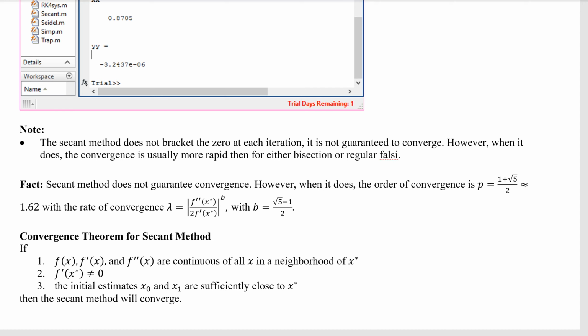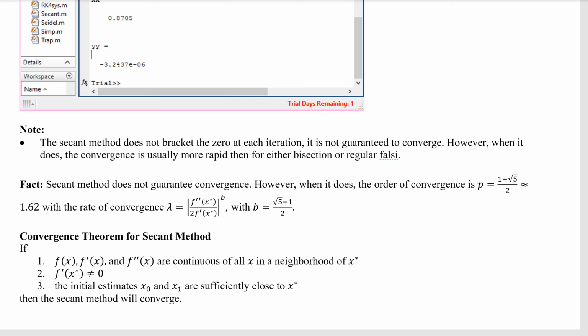And the rate of convergence lambda equals the absolute value of f double prime, the second derivative of f at the true value, over 2 times the first derivative of f at the true value, and then this to the power of b, where b equals (square root of 5 minus 1) over 2.